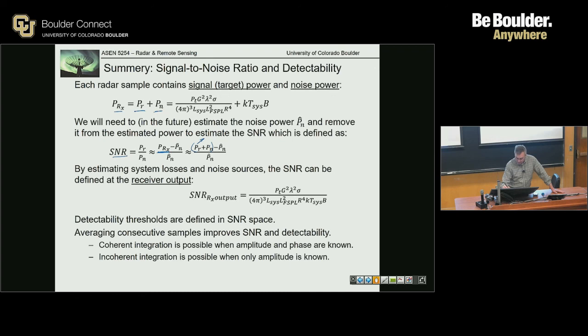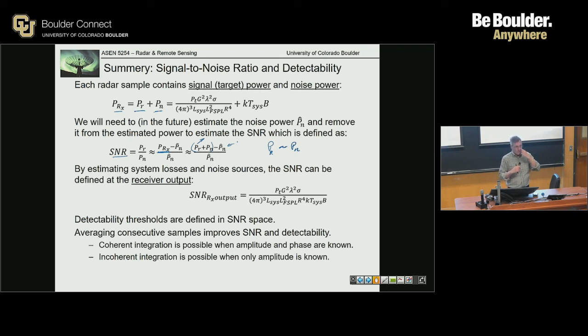But when PR and PN are close to the same magnitude, they're both near minus 100 dBm, then that difference is important. As you get closer to lower and lower signal to noise, this added noise is important. When you get further away from the noise floor, this little bit of noise doesn't make much of a difference. Does that make sense?